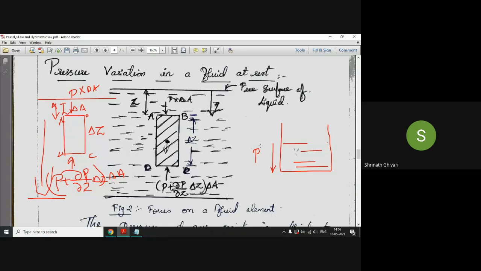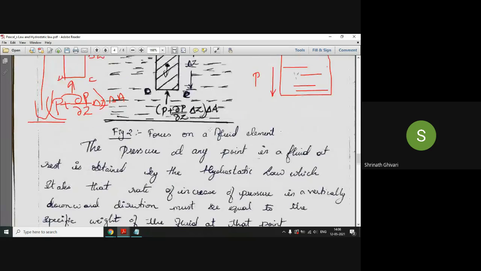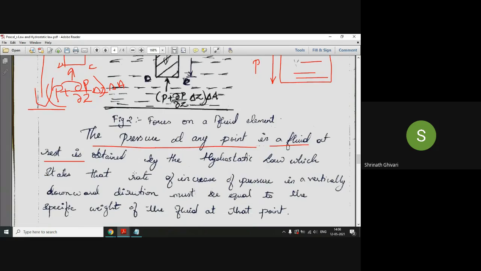So we have to get an equation which states that the pressure at any point in a fluid at rest, meaning static, is obtained by the hydrostatic law.